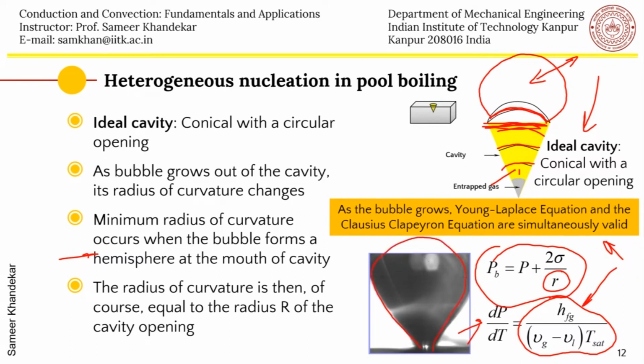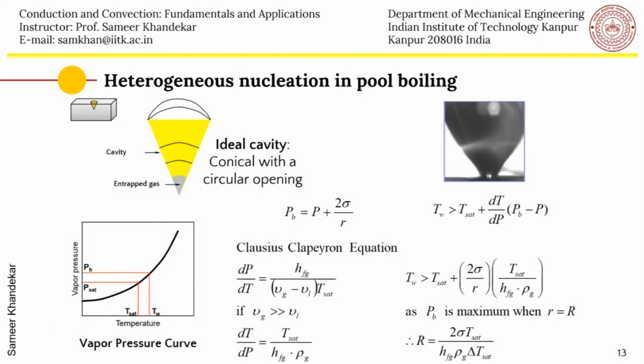So you see, P_B minus P is equal to 2 sigma by R, the Young-Laplace equation, and as the bubble grows its radius changes, and you can get the excess pressure. So P_B is here, the saturation pressure is here, and if you want to put heat inside this cavity, you must have a wall temperature larger than the saturation temperature by a value given by the application of the Young-Laplace equation and the Clausius-Clapeyron equation.